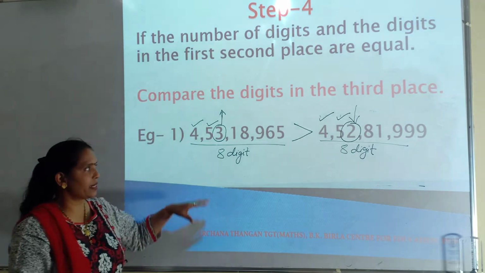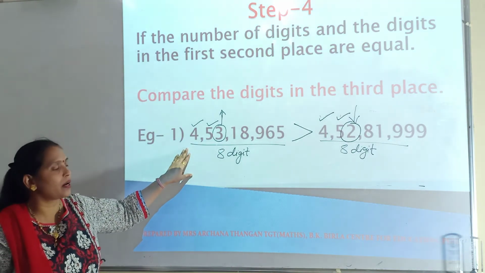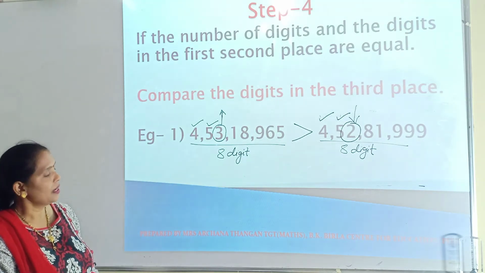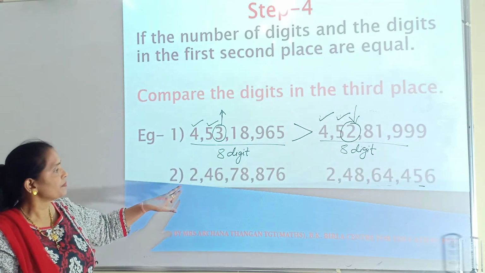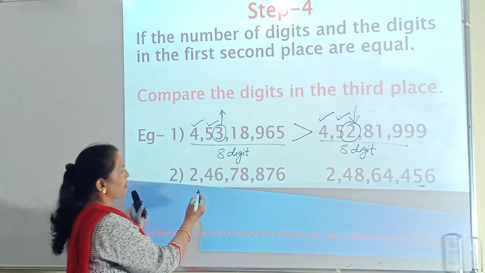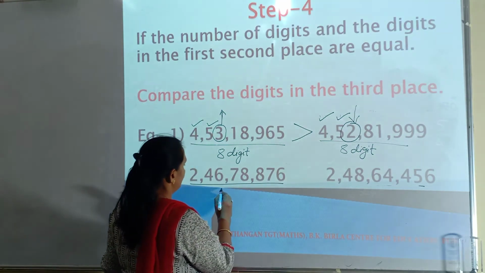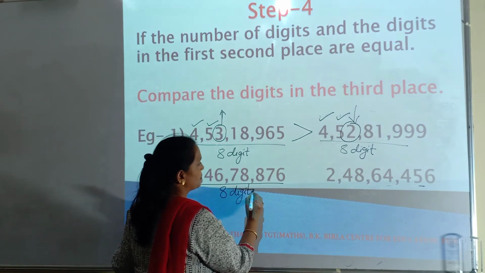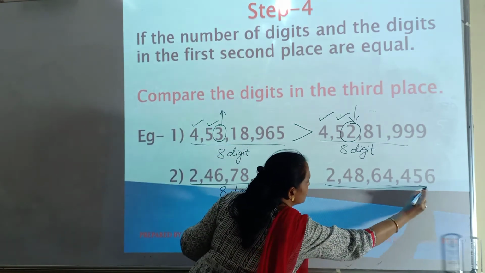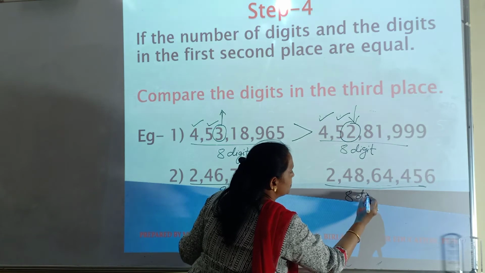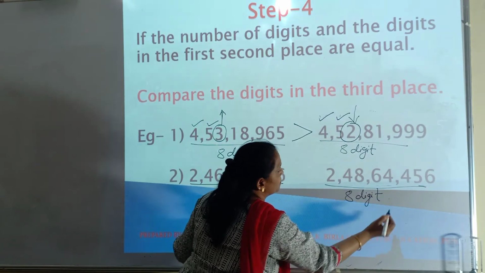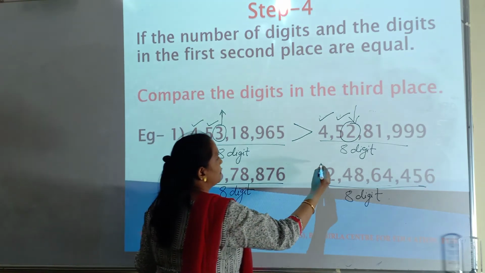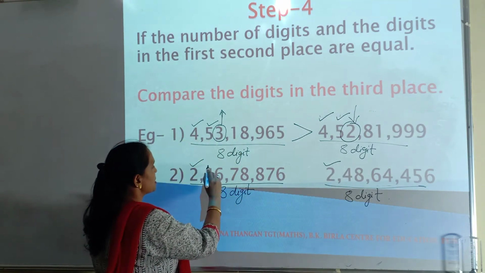So you can read this number. You know how to read this number. Earlier we have learned how to read large numbers. Let's try one more example. This is an 8 digit number, and this is also an 8 digit number. So here the first digit is equal. The second digit is also equal.